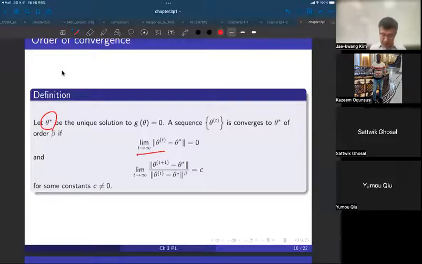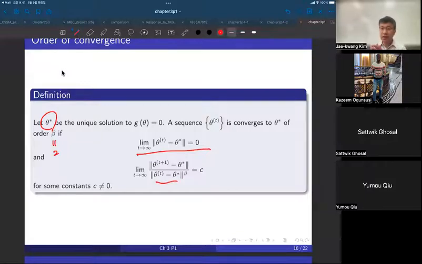Now sometimes in numerical analysis, they are interested in understanding how fast the convergence is, and so the order. Usually Newton-Raphson is order 2, and you can see that usually this is less than 1.